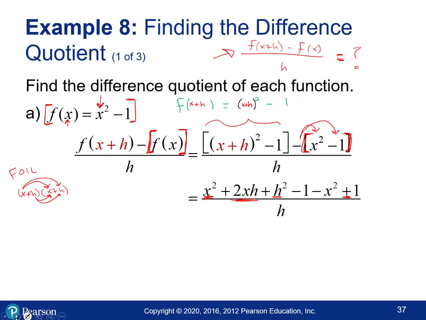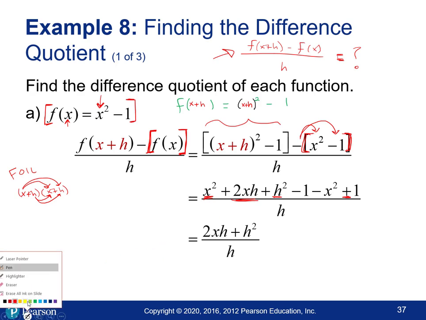And after you've done that, that was one of the harder parts too. The rest is simplifying. Combine any like terms. I'm going to go ahead and show you what terms combine. We'll use purple. x squared minus x squared added up to 0. -1 plus 1 added up to 0. And so this is all that we're left with.